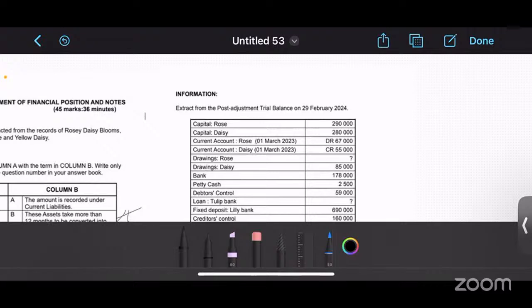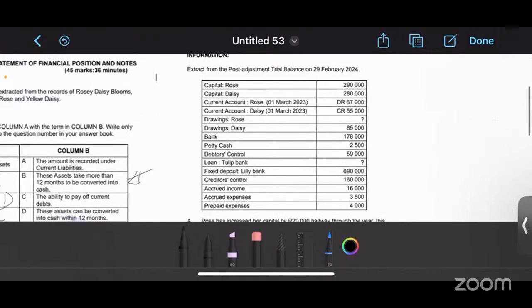Drawings for Rosie we don't know, we might have to calculate that. For Daisy it is 85,000. The bank account has 178,000, petty cash 2,500, debtors control 59,000, loan Tulip Bank we don't know how much, and fixed deposit, Lily Bank is 690,000.